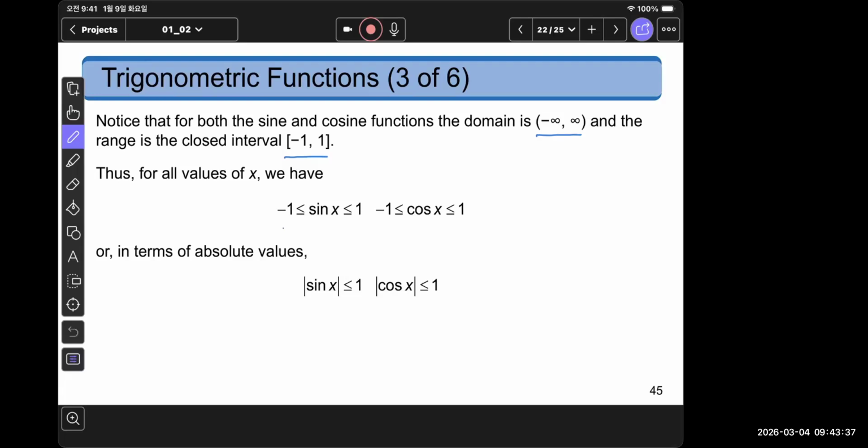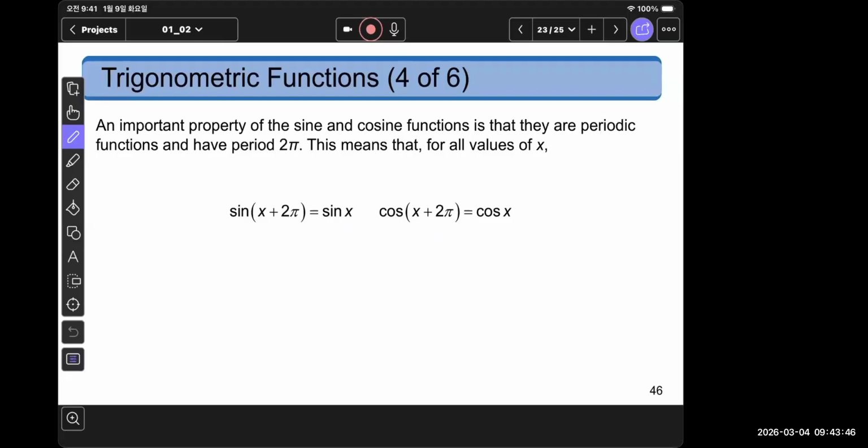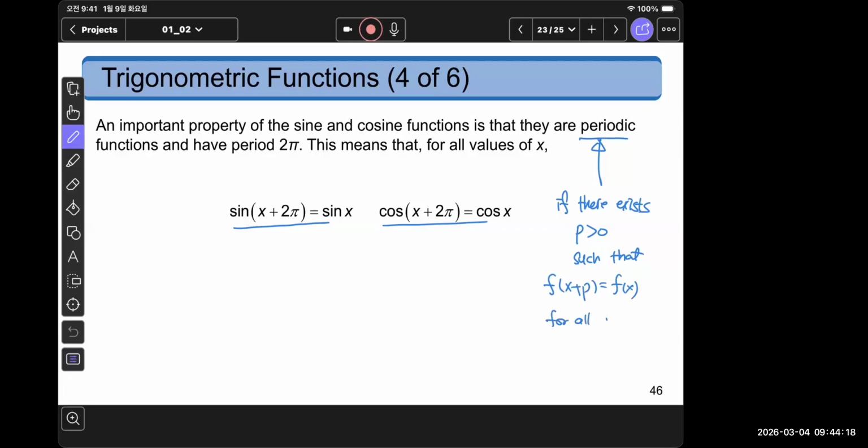The values are limited between -1 and 1, and these two functions are periodic functions. So when I say periodic, we say a function is periodic if there exists some positive value p such that f of x plus p equals f of x for all x in the domain.